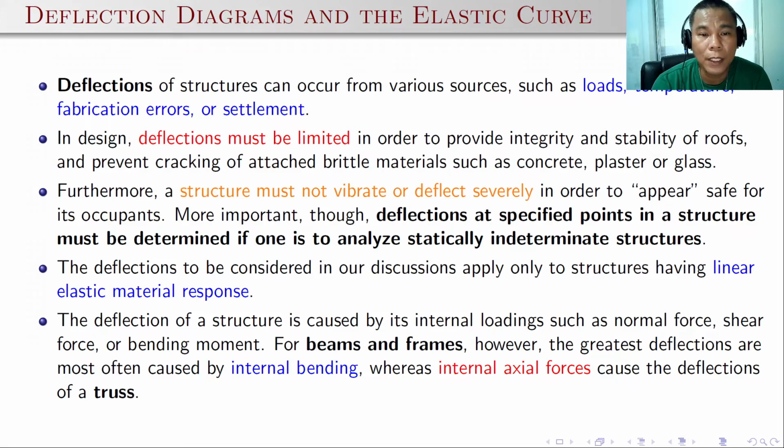So it's important that we know the maximum allowed deflection for a certain structure. And also, a structure must not vibrate or deflect severely in order to appear safe for its occupants.